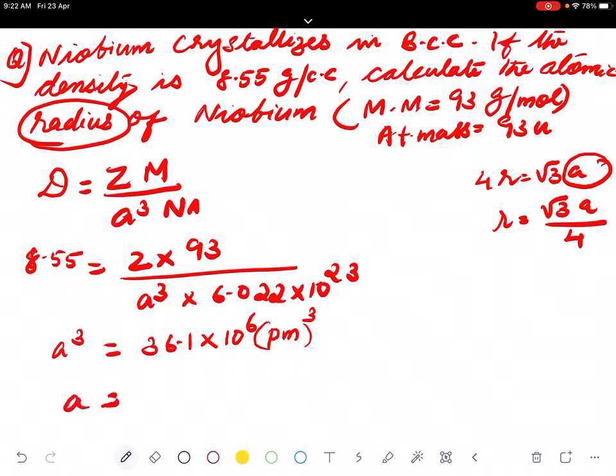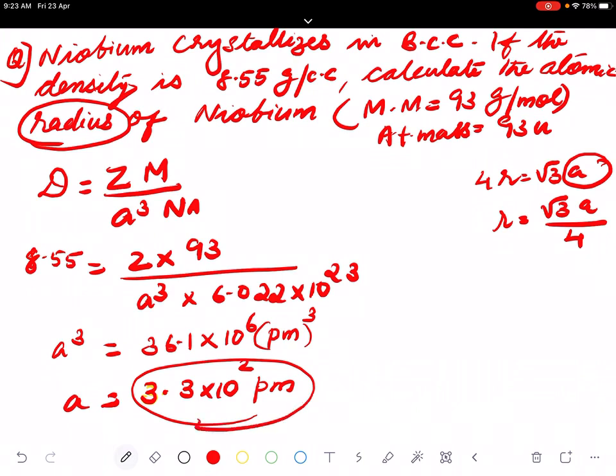The cube root of this is 3.3 into 10 to the power 2 picometer. Once you get this a, then you can find R. 4R is equal to root 3 a; the relation is for BCC.